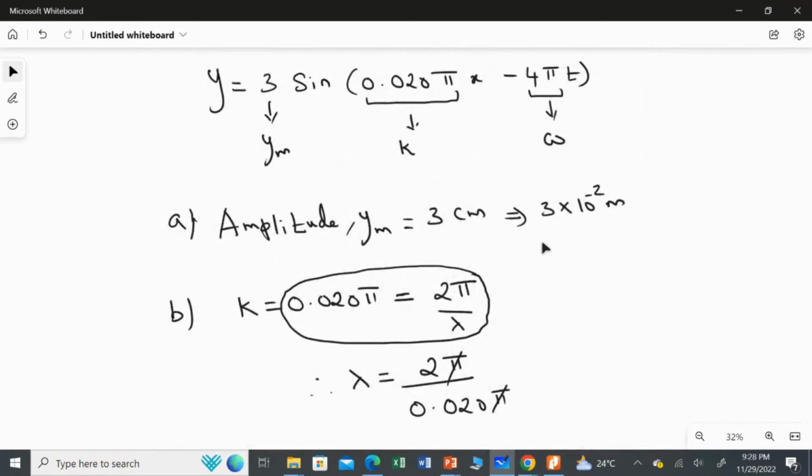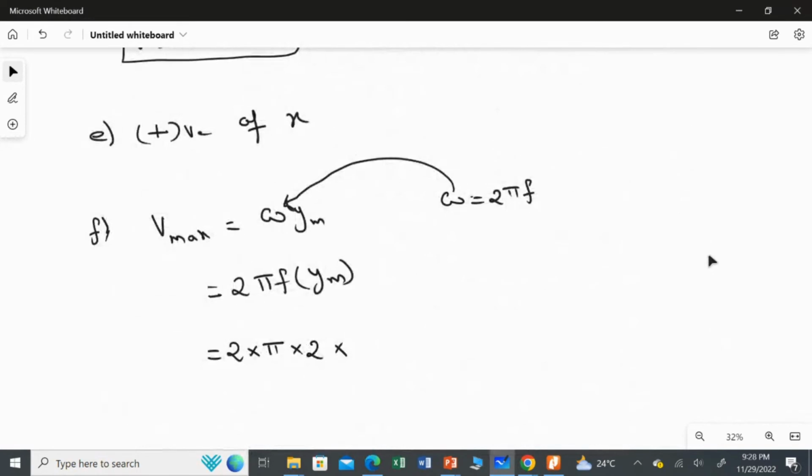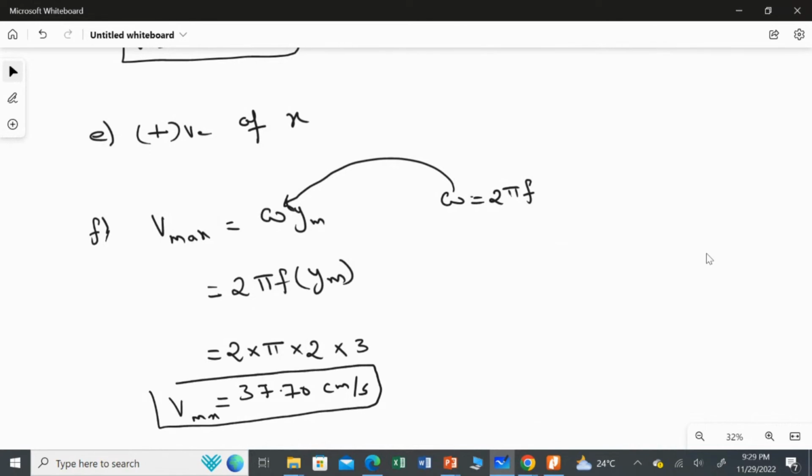The amplitude is 3 centimeter. So 2 multiplied by pi multiplied by 2 multiplied by 3. I got the answer as 37.699, so I can write 37.70 centimeter per second. Clear? This is the answer, V max, the maximum speed of the transverse wave.